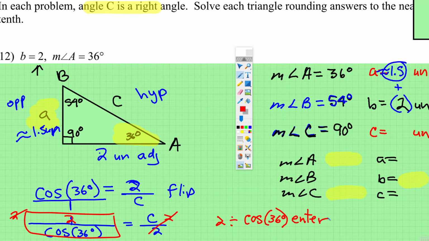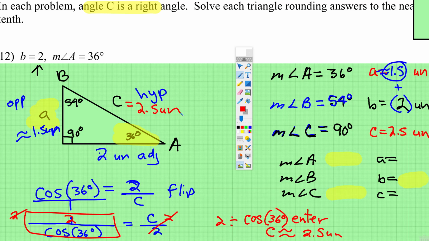What do we have? 2 divided by cosine 36, close parentheses, enter. We get that C is about 2.5 units. So let's put that here, 2.5 units.